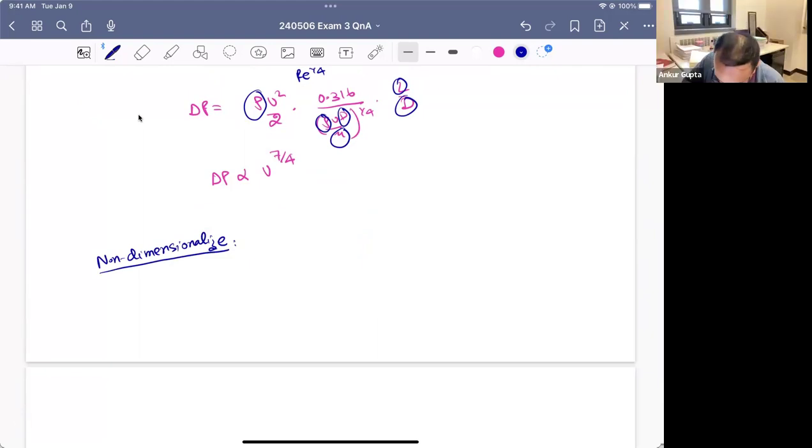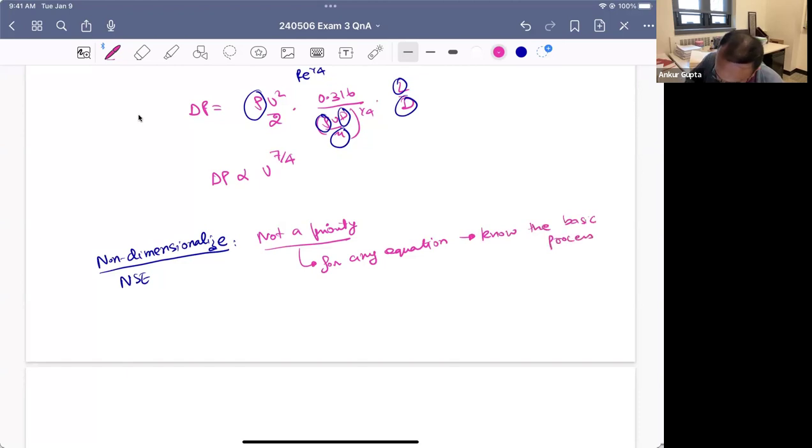Yeah, non-dimensionalized Navier-Stokes equation is not a priority. What you should be able to do is, for any equation, know the basic process. So let me try to explain.